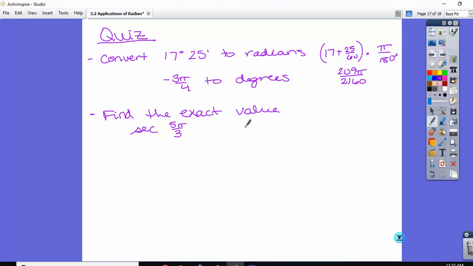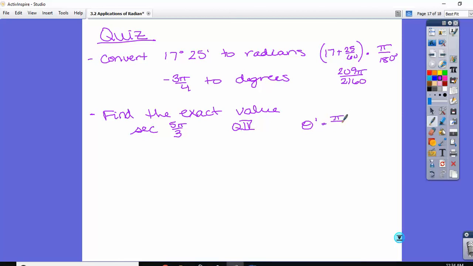What are the two pieces of information you have to write down? Quadrant, reference angle. Okay, 5 pi over 3. Remember, in the first quadrant, it's just pi. In the second, it's 1 less. The third, 1 more. The fourth, double minus 1. So what's this? Quadrant 4. Reference angle, if you're in radians, it's easy.